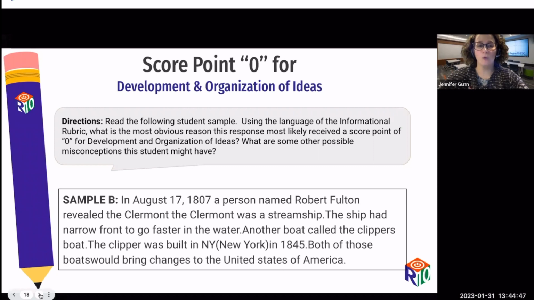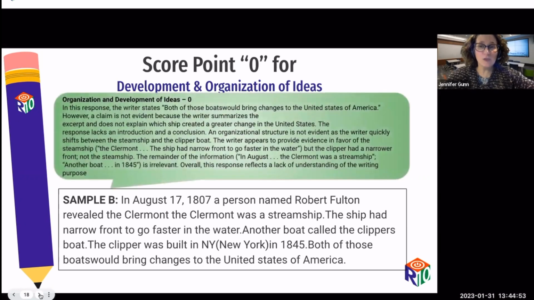Both of those boats would bring changes to the United States of America." This response does not have an evident, clear claim because it does not explain which ship created the greater change in the US as the prompt asked. It does not really provide evidence for a claim. It just provides some summary of their reading.